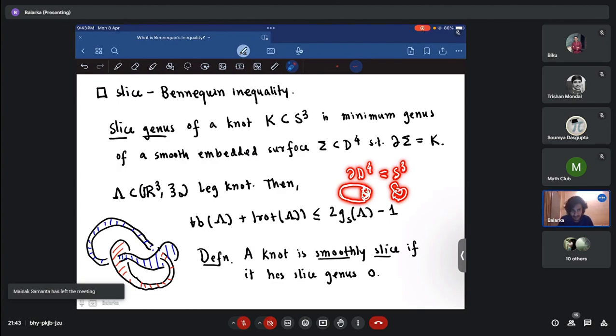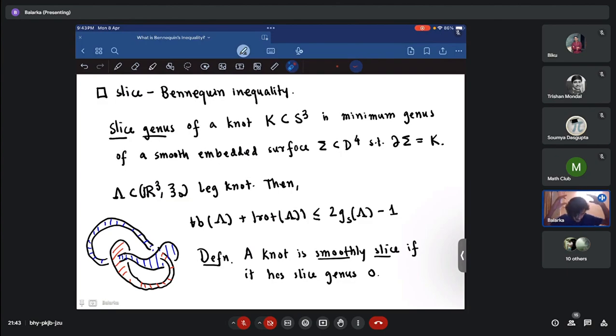I mean, it will, because it's now homologous and so on. And that surface, you can minimize the genus over. Instead of minimizing the genus of the Seifert surface, you can look at surfaces bounded inside the 4-ball, not just in S3, and you can minimize genus there. And that genus might potentially be less than the genus of the smallest genus Seifert surface, right? That's called the slice genus.